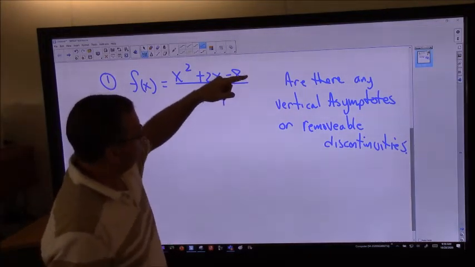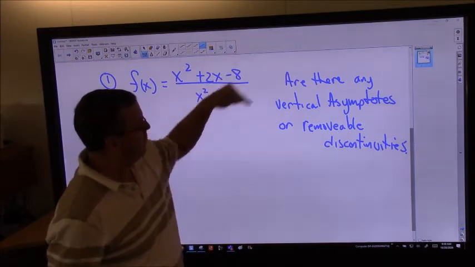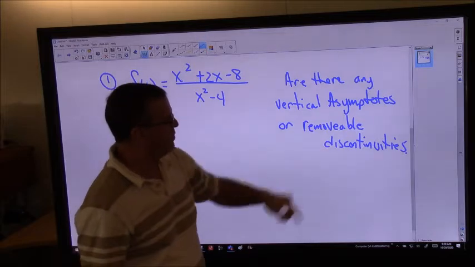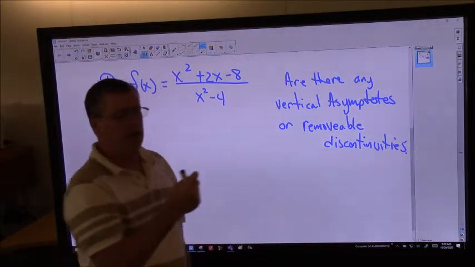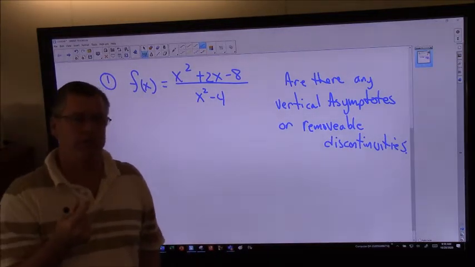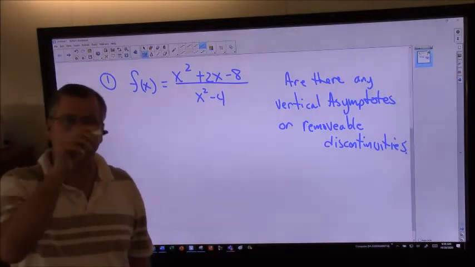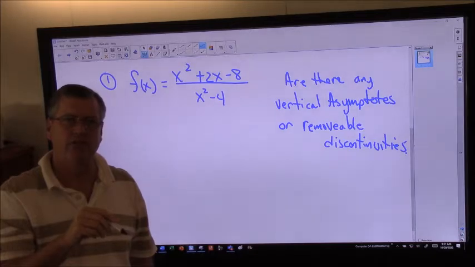And what they want us to do is to tell them, are there any vertical asymptotes or removable discontinuities? A removable discontinuity means we've got a place where this function is discontinuous, but we can remove it by canceling those factors.